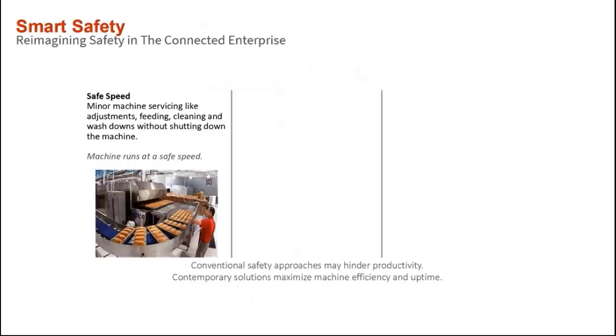What is advanced safety? In this case, we slow down a conveyor. We can slow down the motor and keep it below a certain speed. We monitor for that speed and make sure that it doesn't exceed it. If it does, we do another function to do a safe torque off or stop the machine.